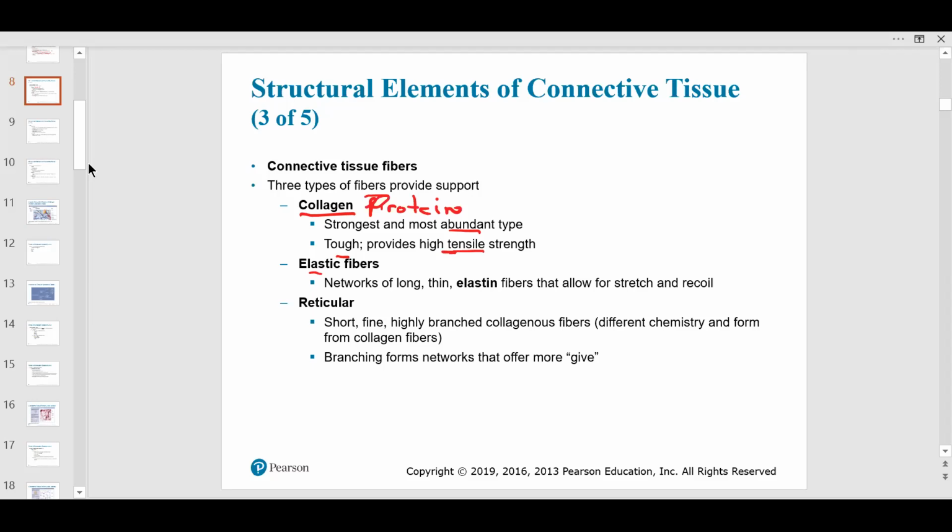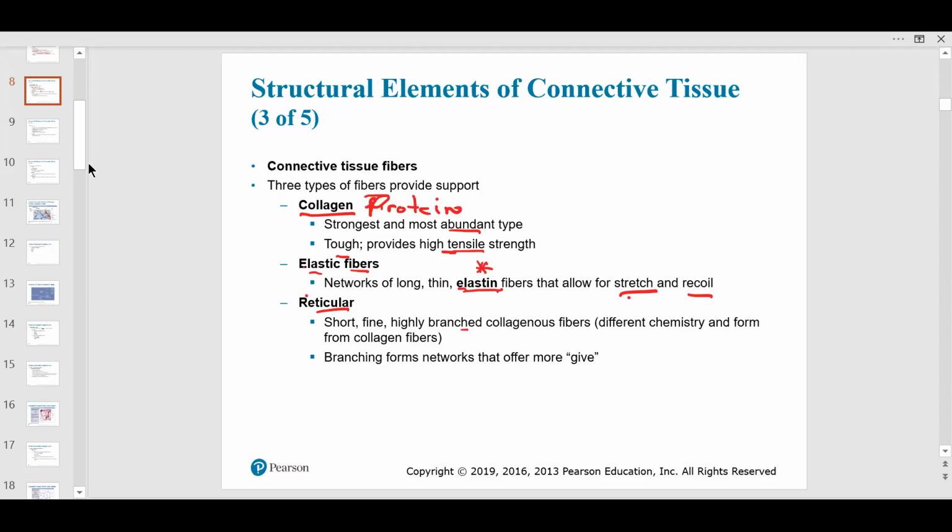Elastic fibers allow for that compliance, stretch, and recoil back to its original shape. Elastin is a protein, actually. That's a cool thing. Elastin is a protein involved in those fibers. So that has to be transcribed from the DNA and translated on the ribosome into a protein. Reticular fibers are a little skinnier than your collagen fibers, but they really do look like elastic, so be careful there.